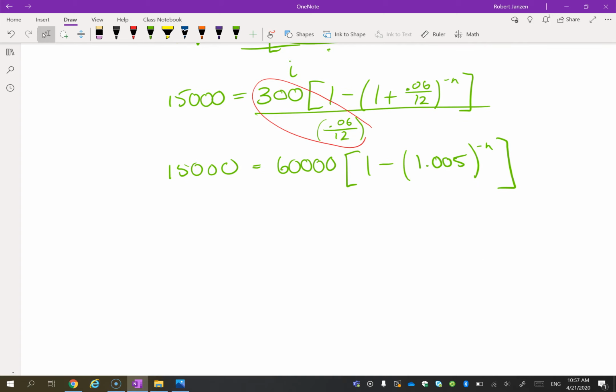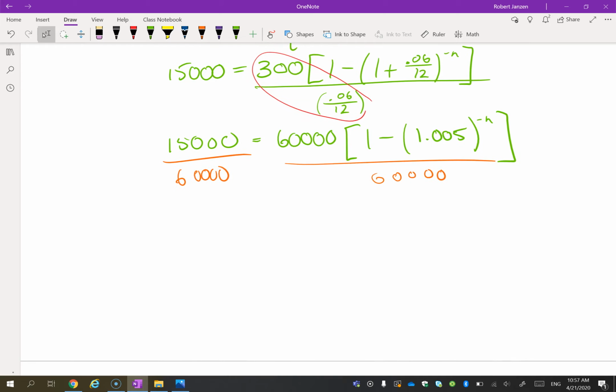Okay, so I'm going to divide both sides by 60,000. Okay, and what is 15,000 divided by 60,000? This is 0.25.